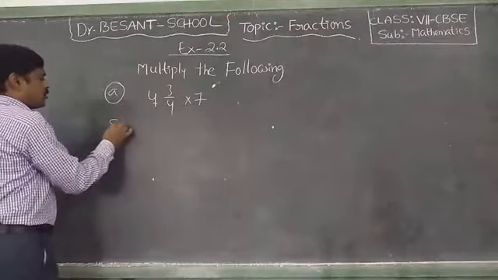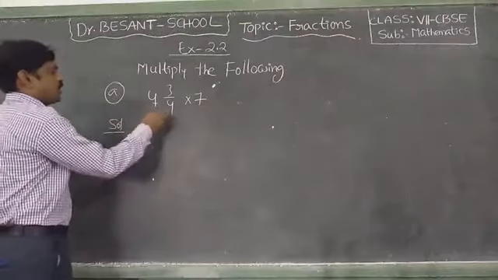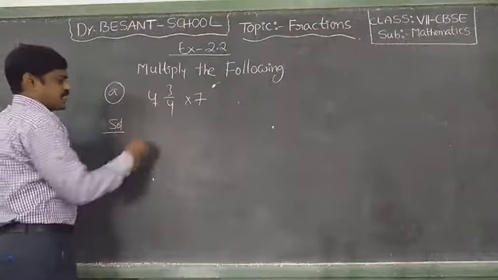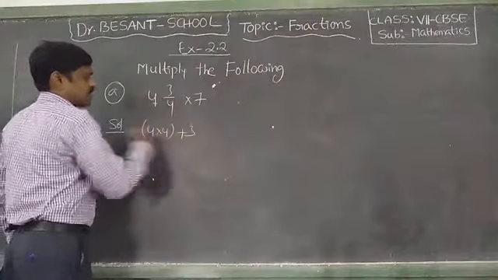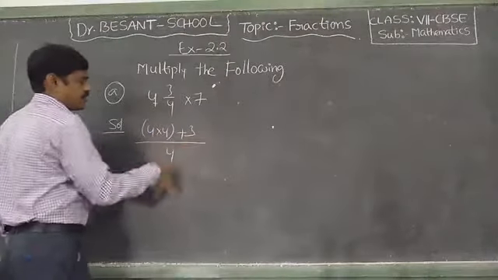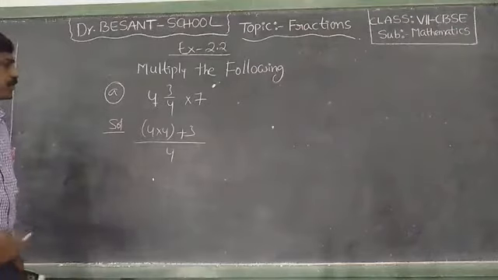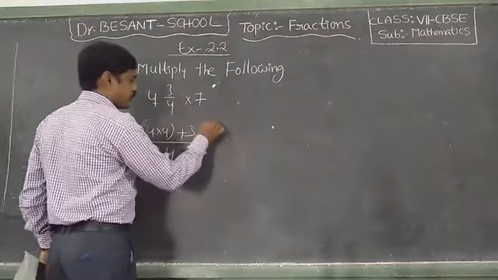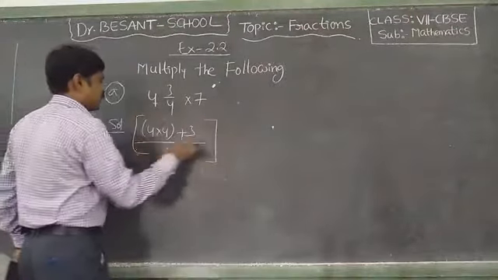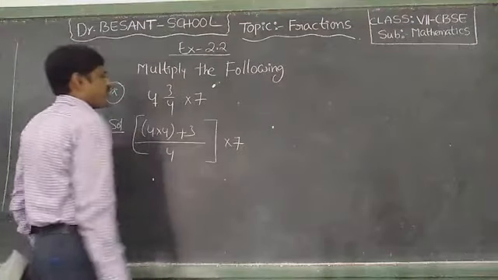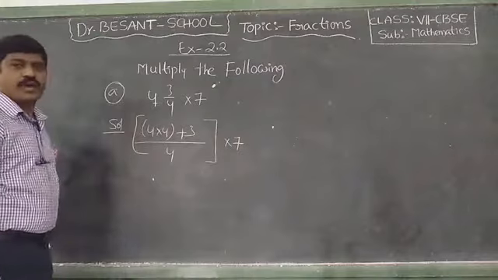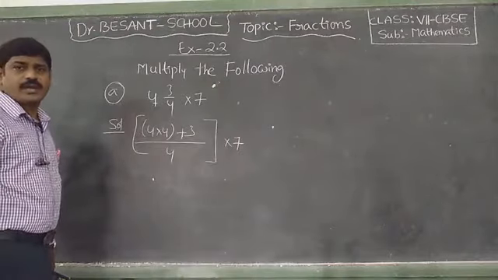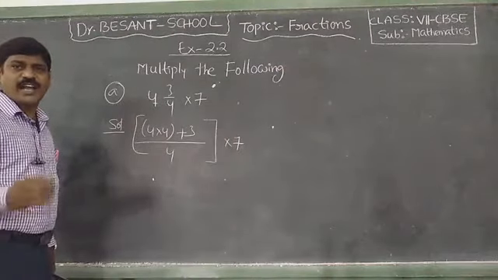Now, 4 fours are 16 plus 3 by 4 into 7. Why? Because it is a mixed fraction, we have to convert it into an improper fraction.